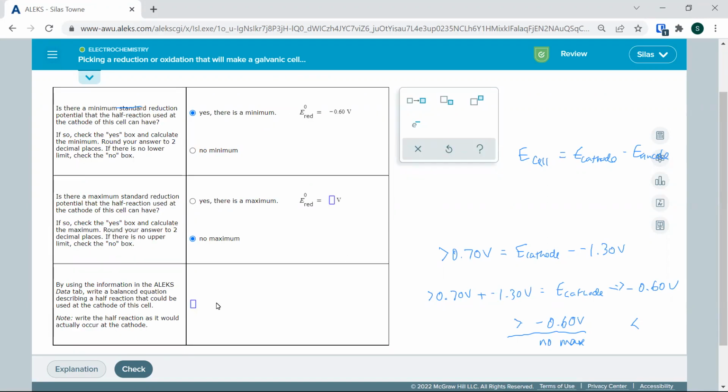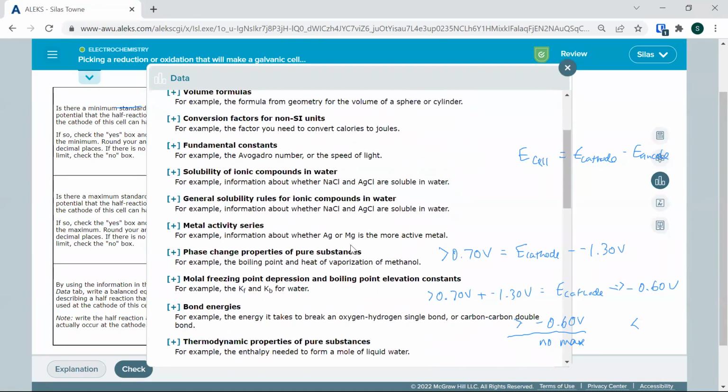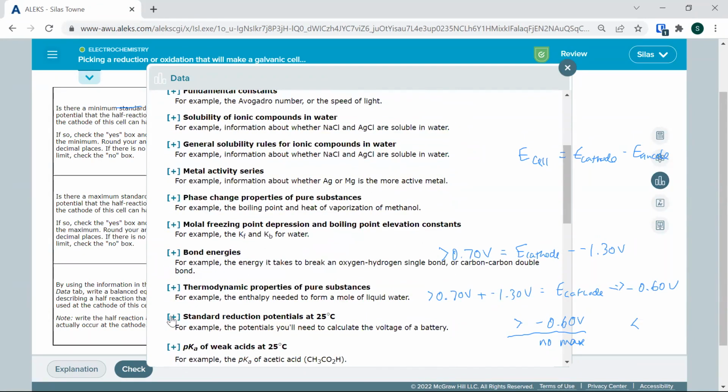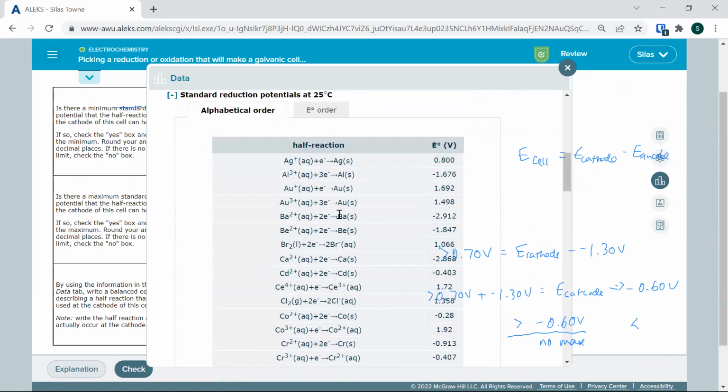Now, the next part is using the data tab to write a balanced equation describing the half reaction that could be used at the cathode. So we just need to go into the data tab and find standard reduction potentials. Then we just pick anything that is greater than negative 0.6. For example, I'm going to use this one, cobalt.